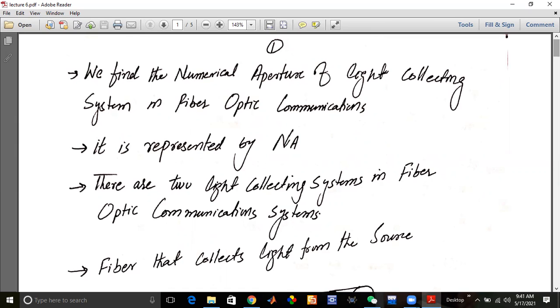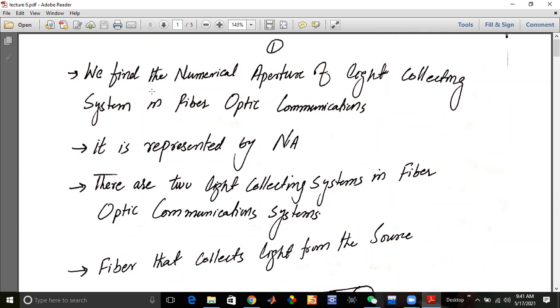In fiber optics communication, it is represented by NA. NA means the numerical aperture.